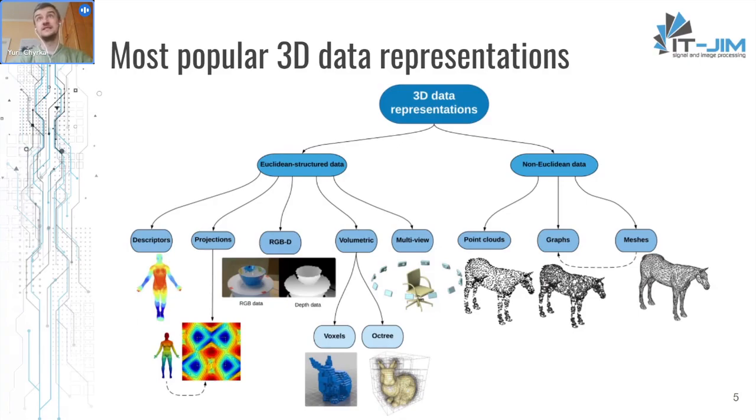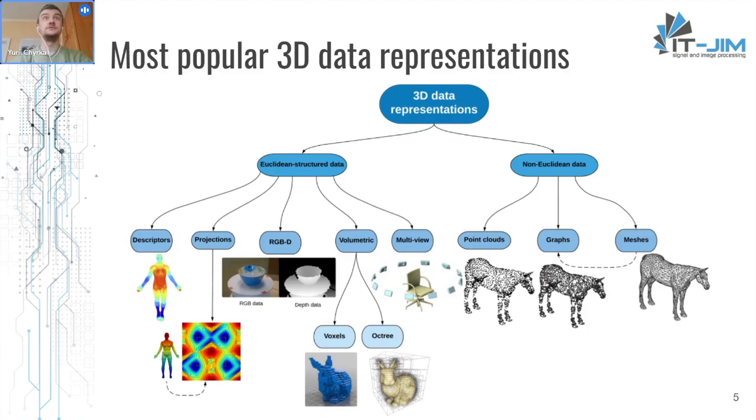On the other hand, non-Euclidean data do not strictly belong to this space and can be described without it, so there is no need to connect it to some space.